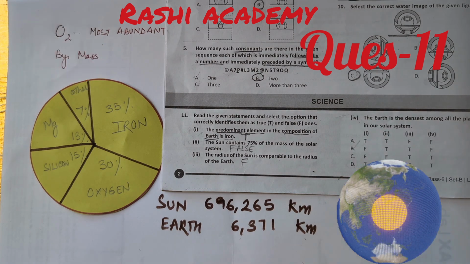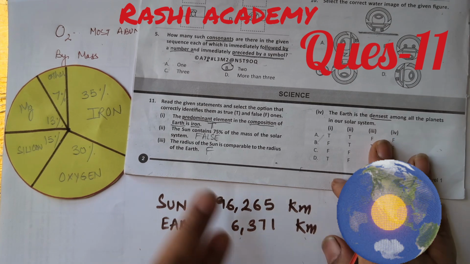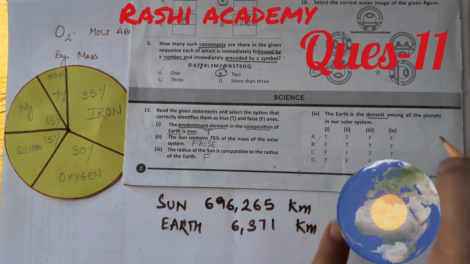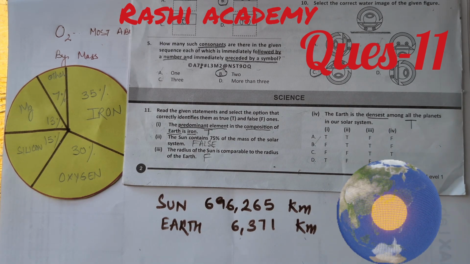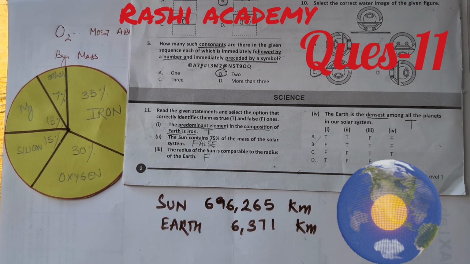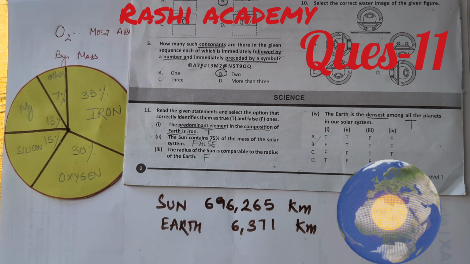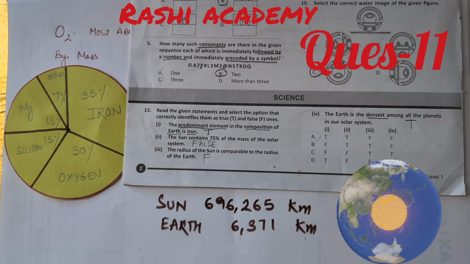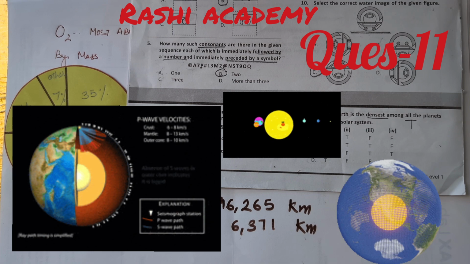The Earth is the densest, underline the word densest, among all the planets in our solar system. That's true. The density of all the inner planets is much more than the density of the outer planets, and Earth is one of the inner planets. Earth's density is high because its core is made up of iron and nickel.